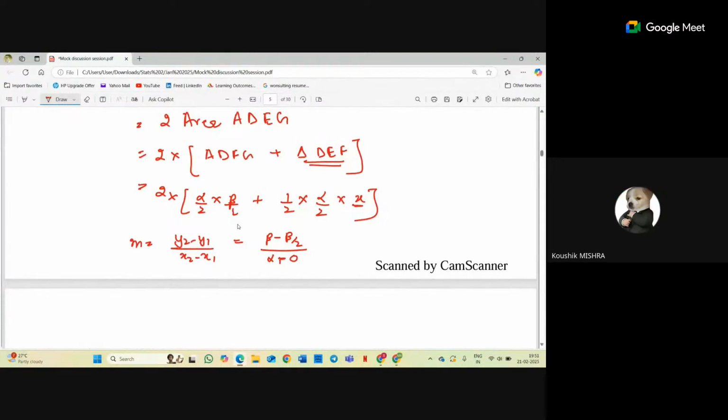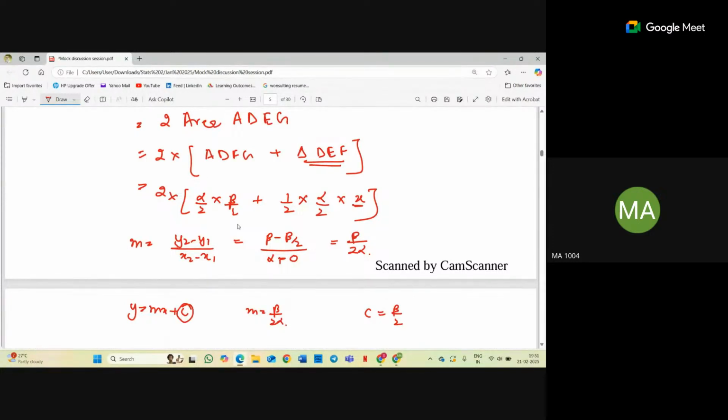So this would be beta by 2 alpha. So my slope, m, is beta by 2 alpha. Now, c is the intercept. So the value of c would be equal to beta by 2.